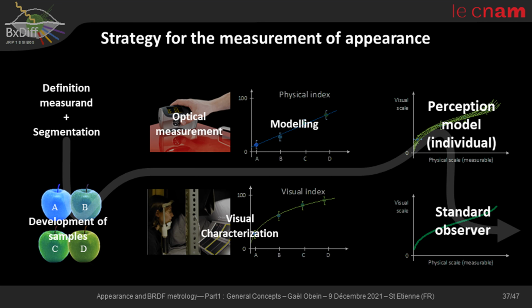You can even do modeling to summarize the measurements in very pertinent parameters. In parallel, you do visual characterizations and you get visual scales. Then you put those two parts together and you get a perception model. And if you get something that is very stable, you can even go to the normalization level.